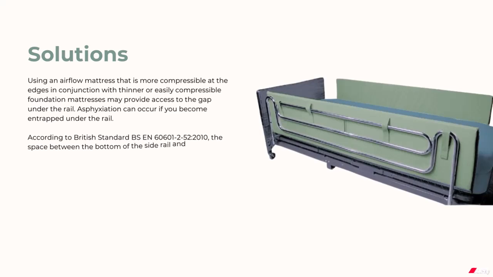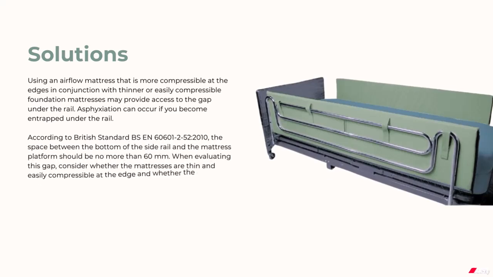Solutions. Using an airflow mattress that is more compressible at the edges in conjunction with thinner or easily compressible foundation mattresses may provide access to the gap under the rail. Asphyxiation can occur if you become entrapped under the rail.